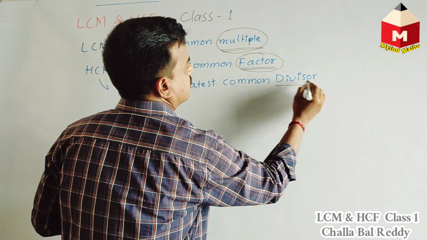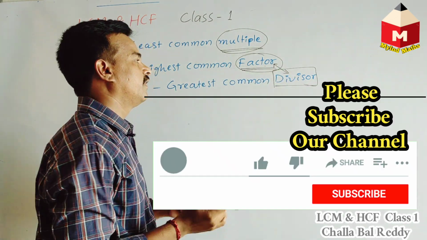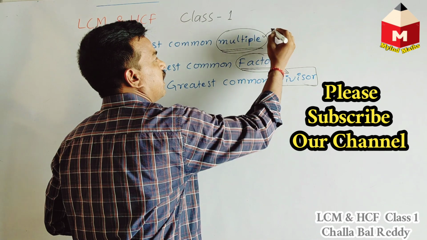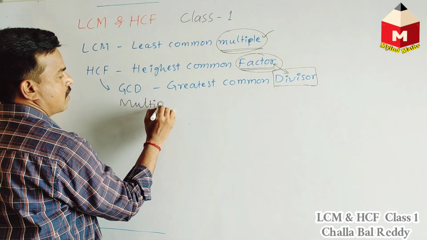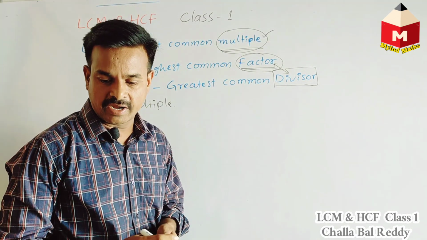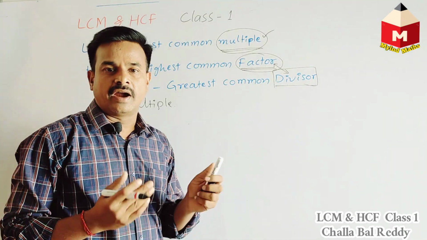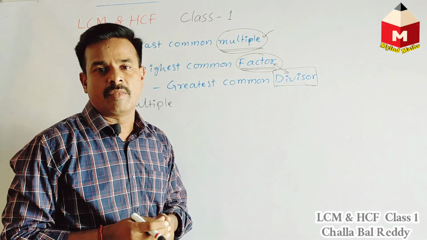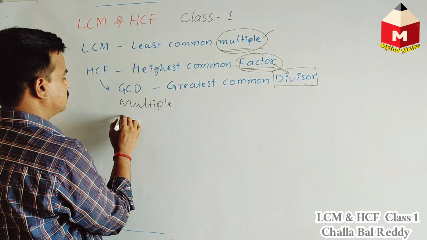Also here divisor. Divisor is nothing but factor. But here, what is the multiple? First we take multiple. What is the definition of multiple? A number that is divided by another number without a remainder is called a multiple. And also factor.